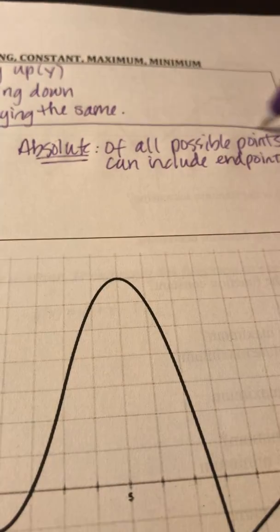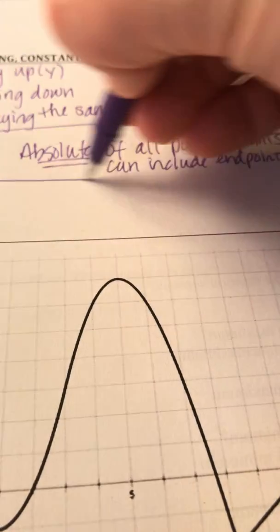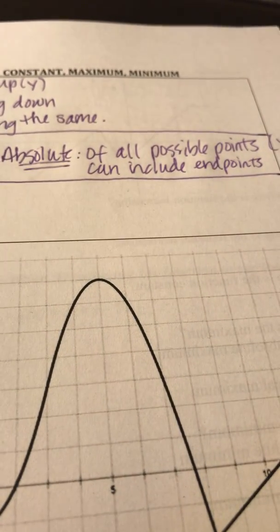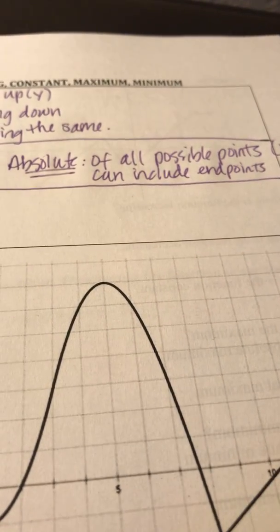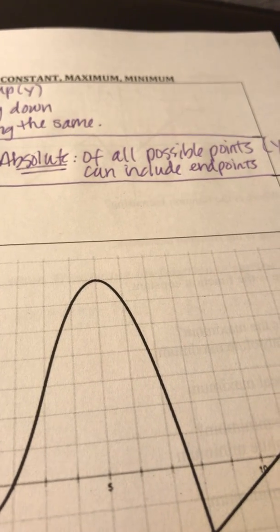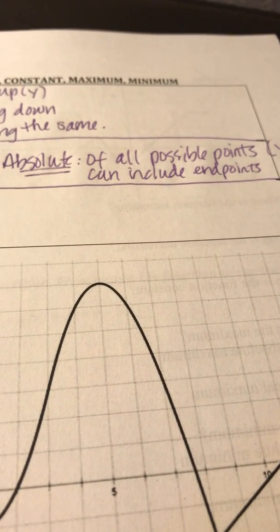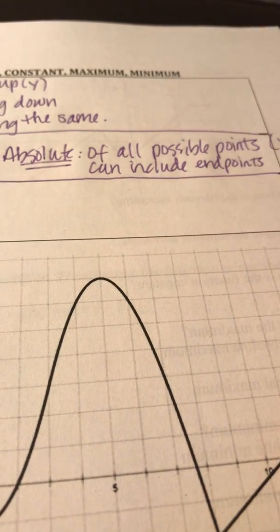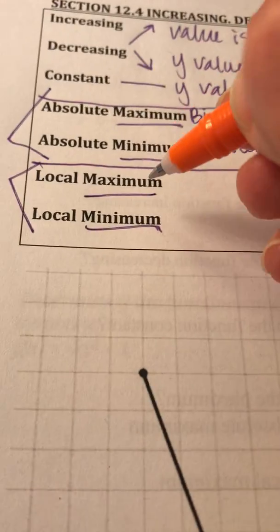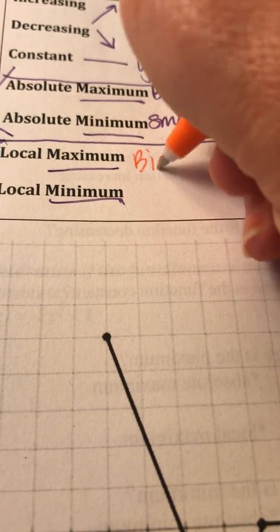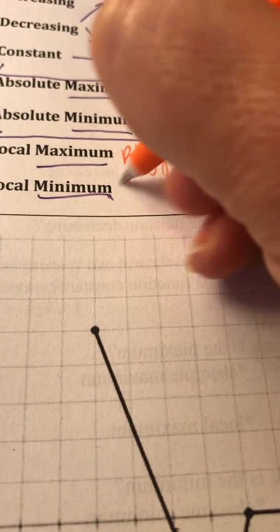Let me just draw some lines here to sort us out. So the absolute maximum and minimum can include our endpoints, okay? Now the locals. Maximum again is the biggest, minimum is smallest.